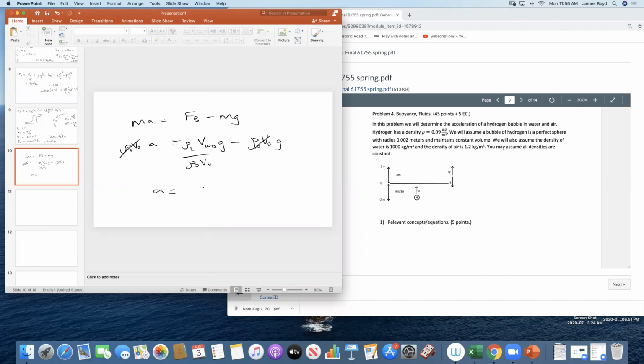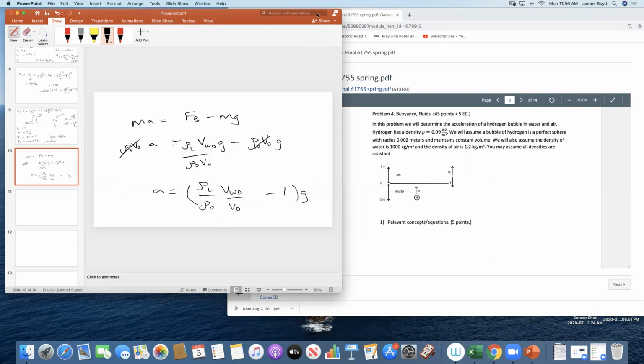So a is equal to rho_L over rho_naught, V water displaced over V naught, minus 1, times g.